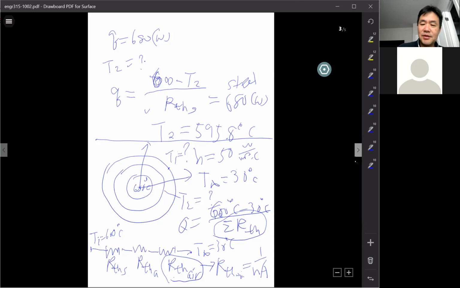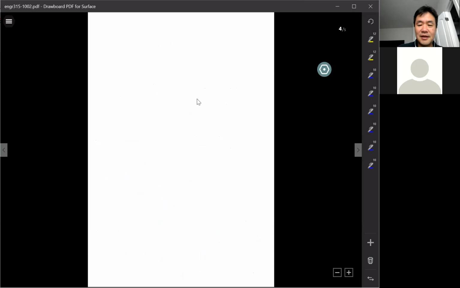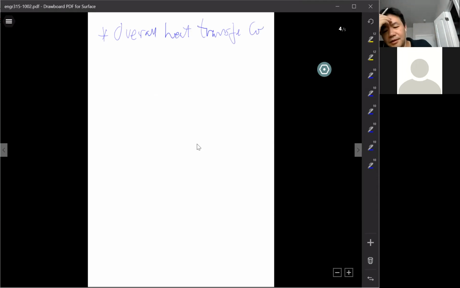Today I'm going to introduce another idea for calculating this. It's called the overall heat transfer coefficient. Okay, heat transfer coefficient, does that sound familiar to you?